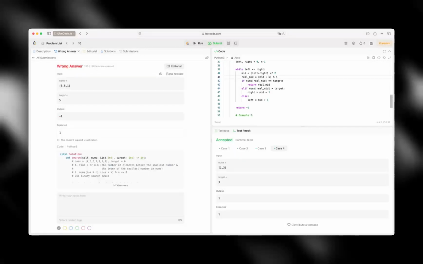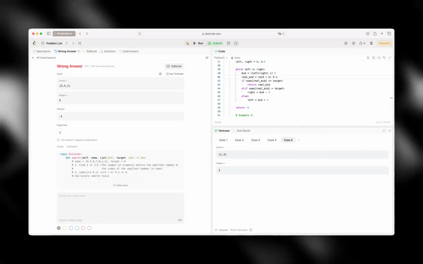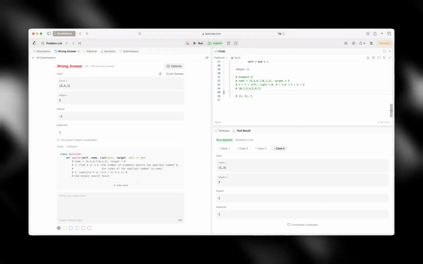I have another problem here. Okay, let's try to understand this third problem. 3, 5, 1.